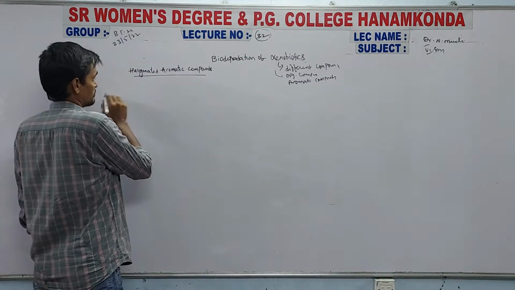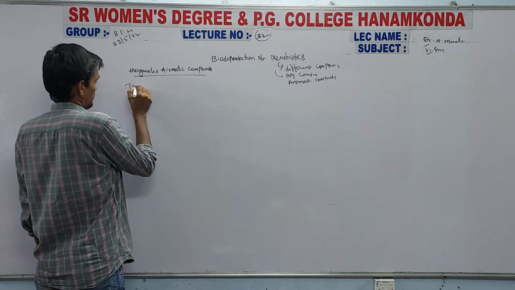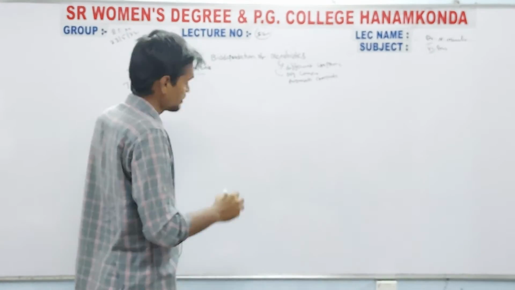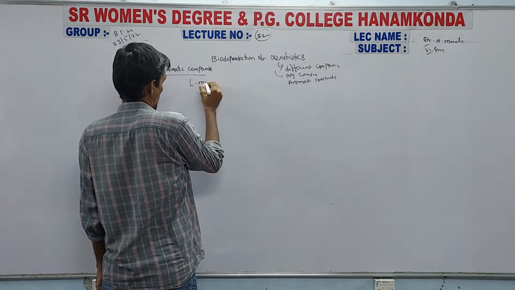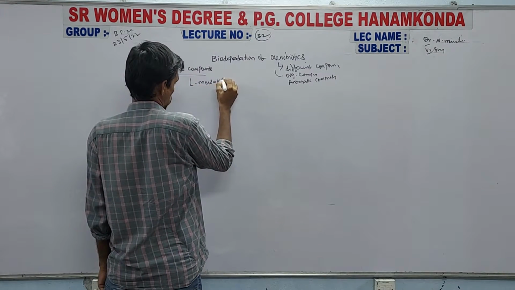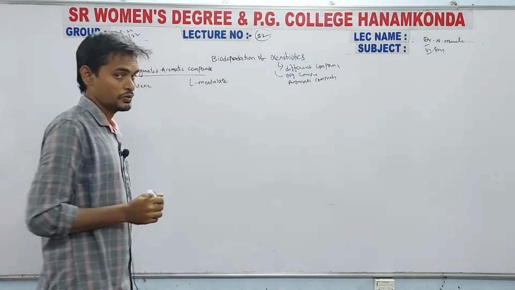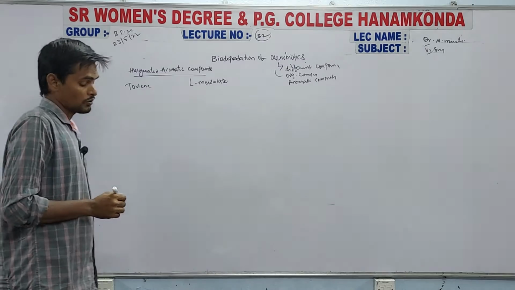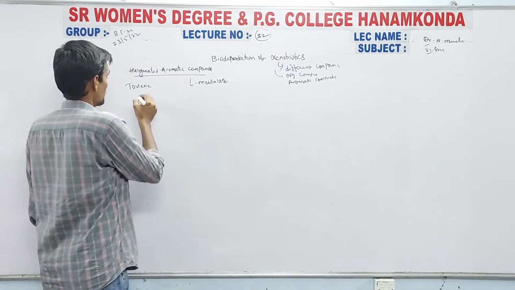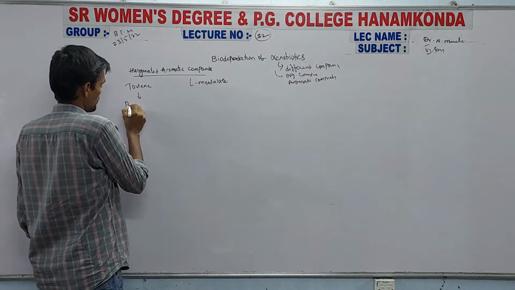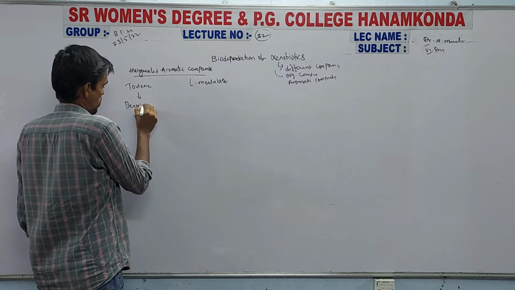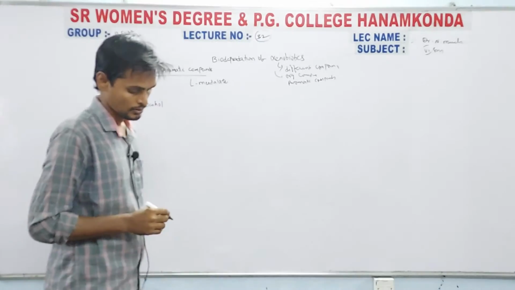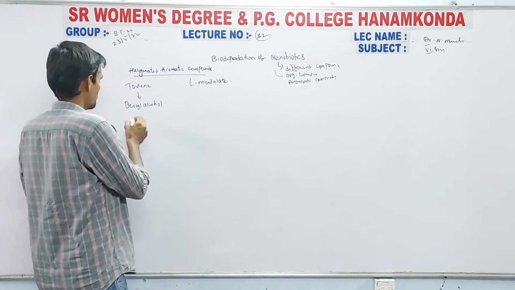So if you see certain aromatic compounds like toluene and L-mandelate, if you take the examples of toluene and L-mandelate, toluene undergoes degradation to form benzyl alcohol, which in turn forms benzaldehyde.